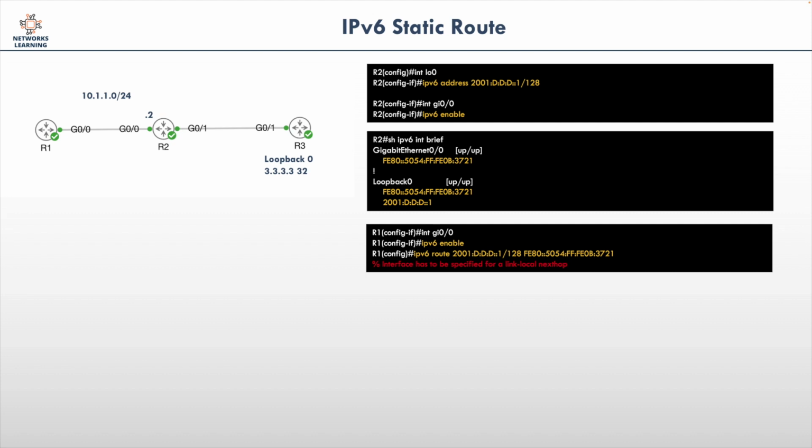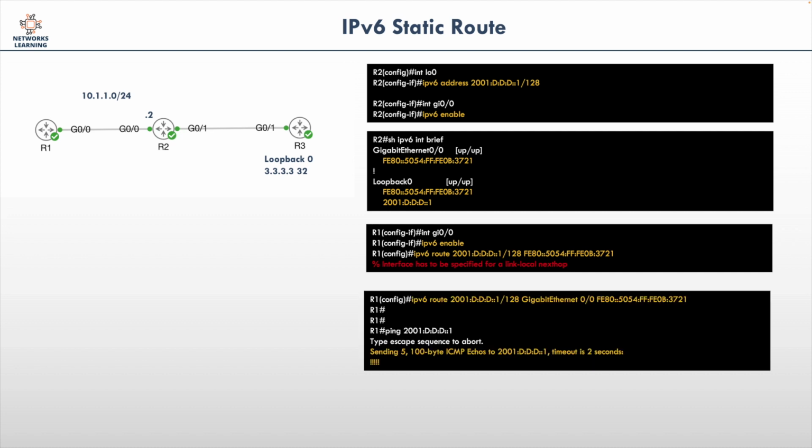I started by using the same principle I have used for IPv4, which is ipv6 route, and then use my destination, which is the address of my loopback 0 on R2, and then I simply added my next hop, that is the gigabit 0/0 link local address, which also happens to be the link local IP address of loopback 0. So in this case, I straight away see the error message: the interface has to be specified for link local next hop.